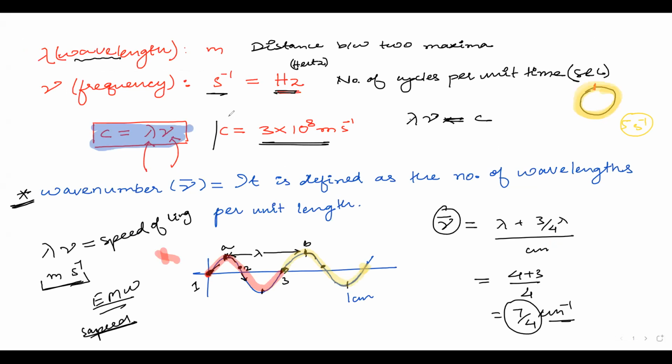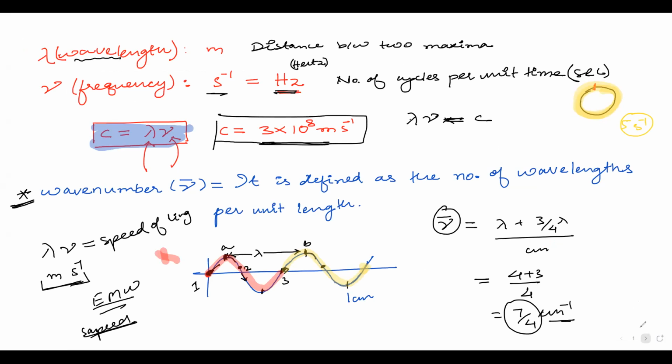Now you will also attempt this question, okay? And what is the value of C, Rehab? What is the value of C? You have not written? Write this. C is equal to 3 into 10 to the power 8 meter per second. Got it?